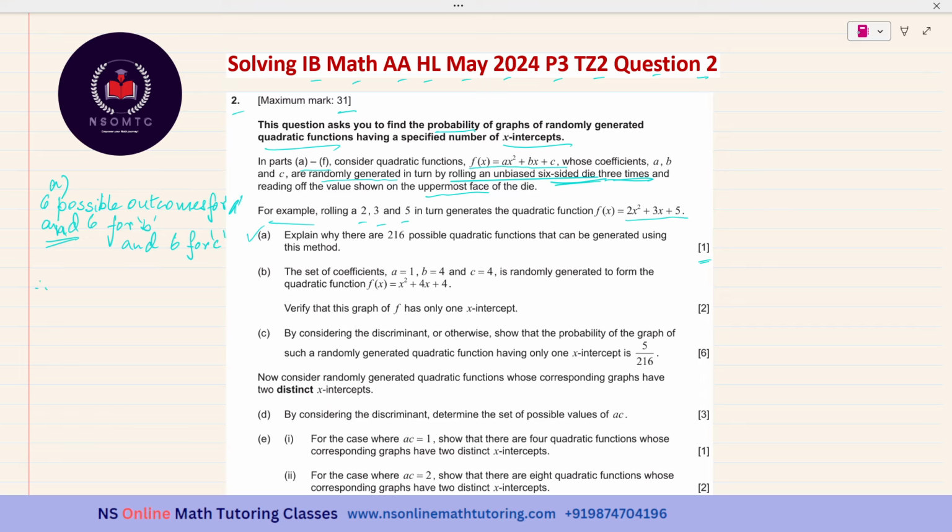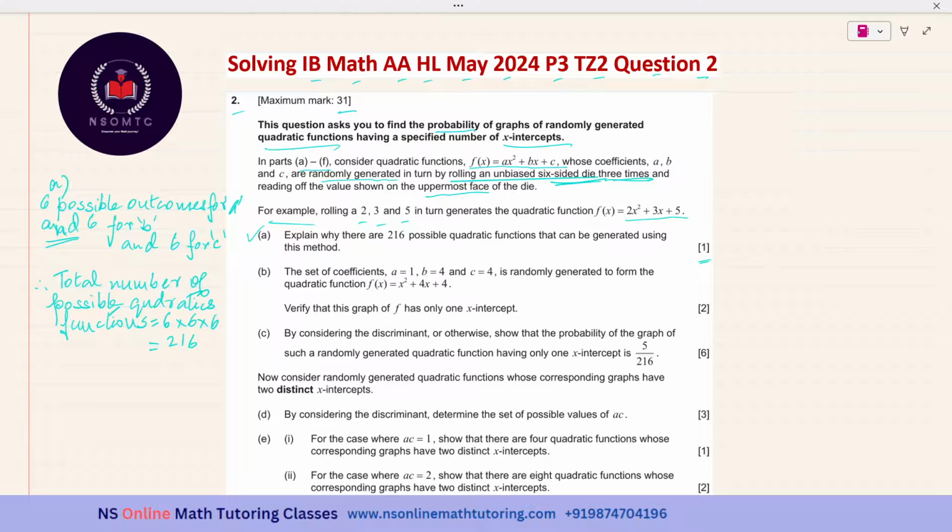Therefore, the total number of possible quadratic functions will be 6 times 6 times 6, which is equal to 216.